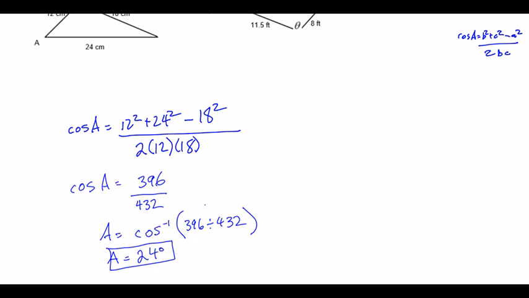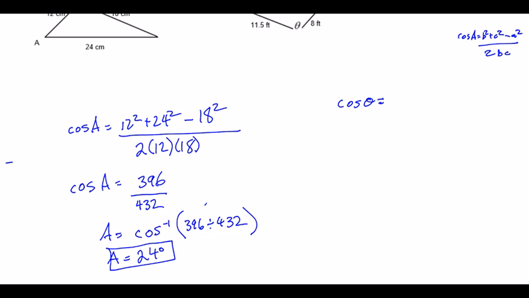Okay, now I want you to try this next one here. Remember, the cosine of the angle we're looking for has got to be the two sides surrounding it added together minus the top bit added together, divided by 2 times the two sides multiplied together.